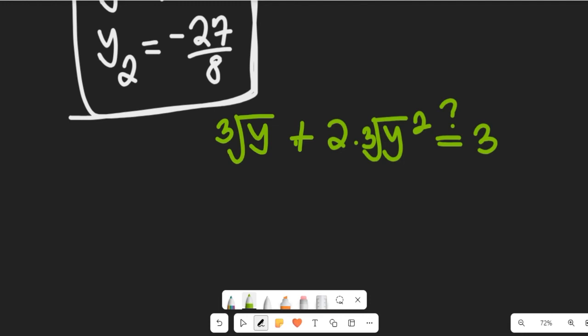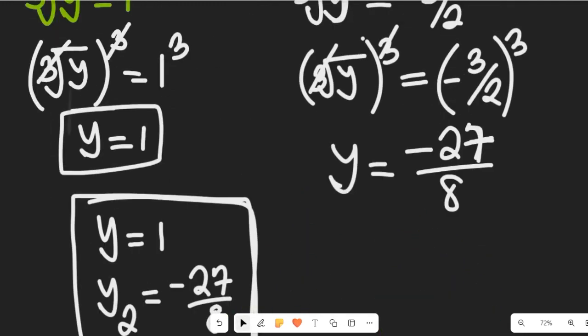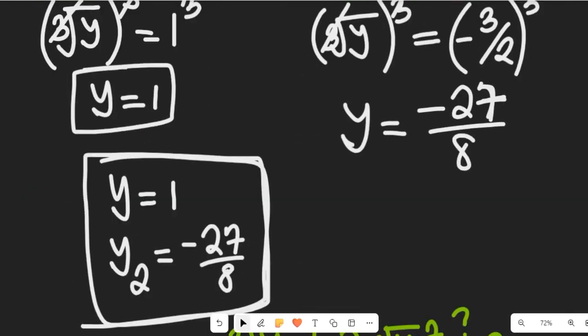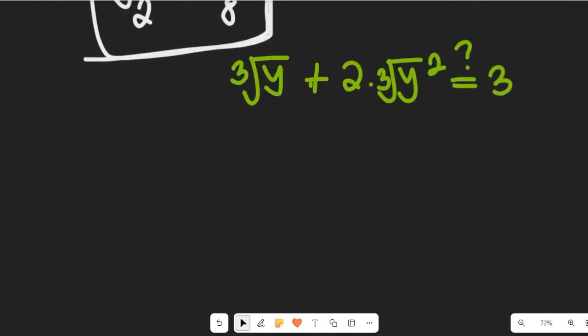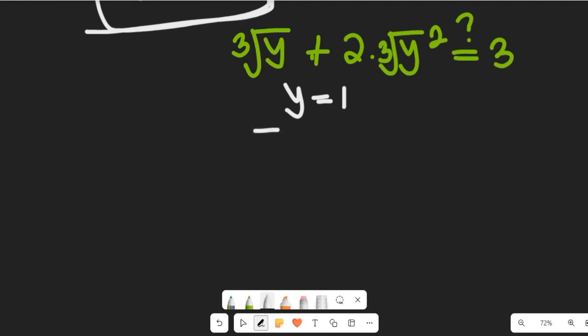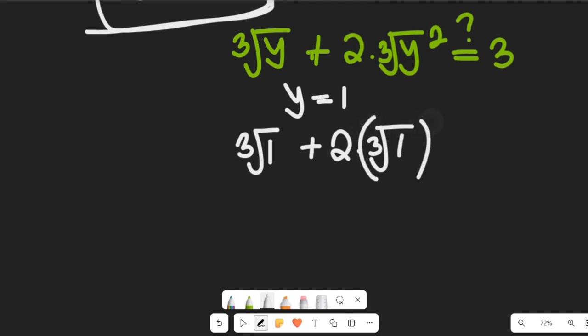Let's check that expression to see if it can actually give us 3. Let's check with y equal to 1. We'll have the cube root of 1 plus 2 multiplied by the cube root of 1, all squared.